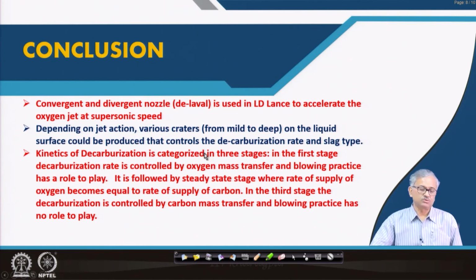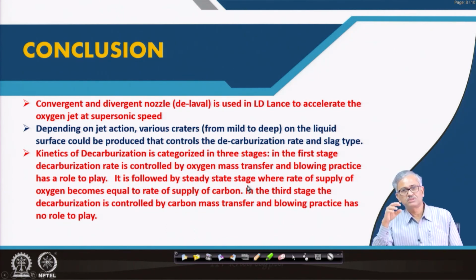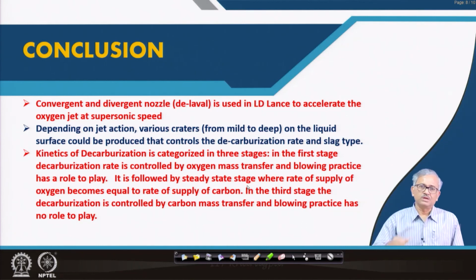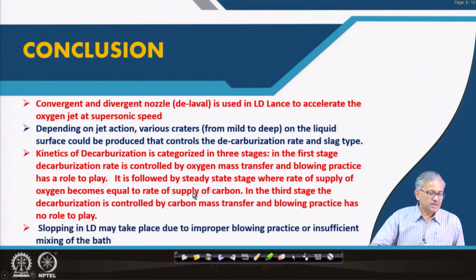So blowing practice has a role to play. It is followed by a steady state decarburization rate when the rate of supply and consumption of oxygen become equal. And in the third stage, it is the mass transport of carbon that basically controls the overall decarburization rate, right?